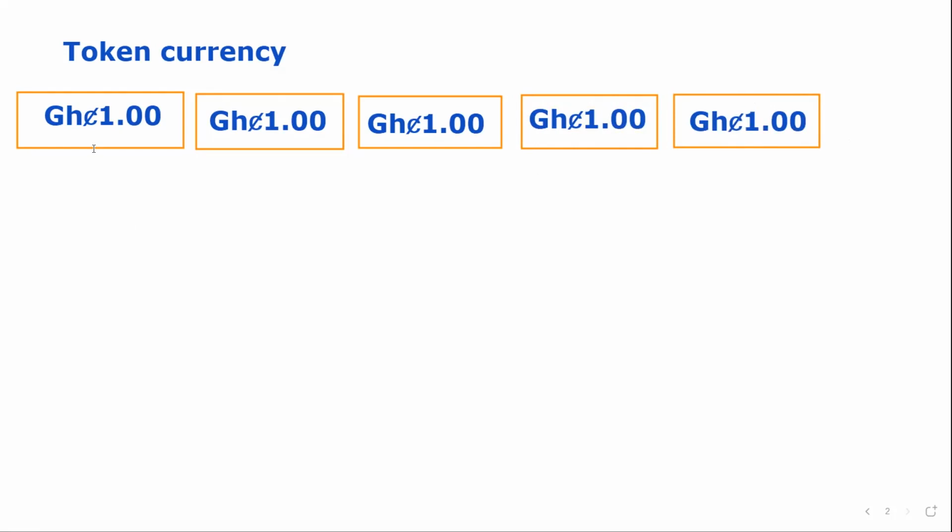Now, per what we chose for 5 Ghana cedi, we have used the 5 notes to model the 5 Ghana cedis, and each note is 1 Ghana cedi here. So in all, we have gotten our 5 cedis. 1, 2, 3, 4, 5.